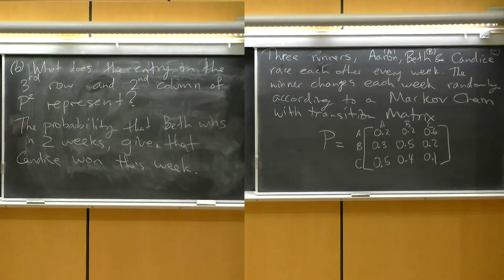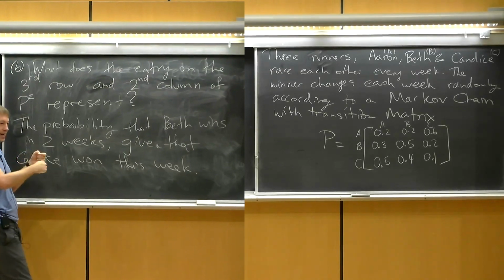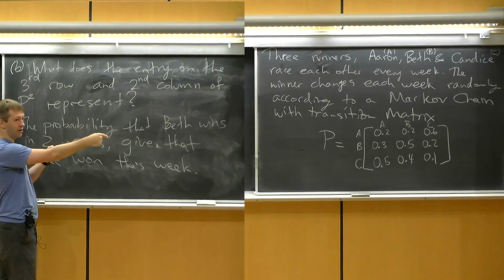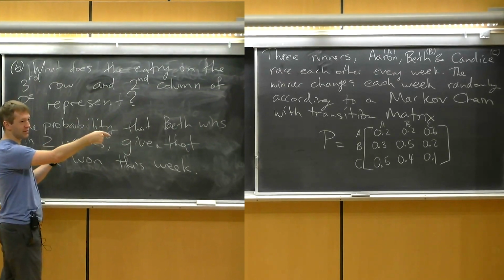So generally speaking, if you take a power of the transition matrix and you look at some row and column, it tells you the probability of starting in the state corresponding to that row and ending up in the state for that column after n steps, if you're taking P to the n.